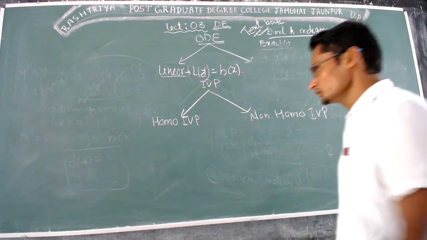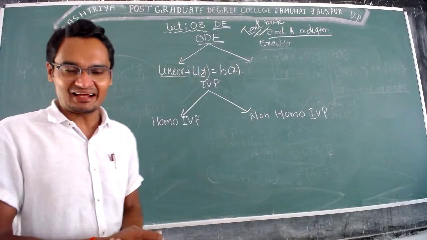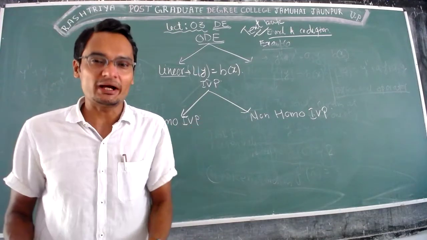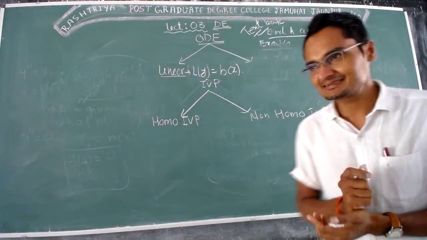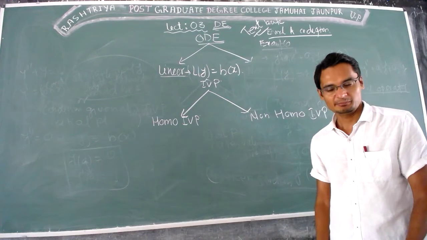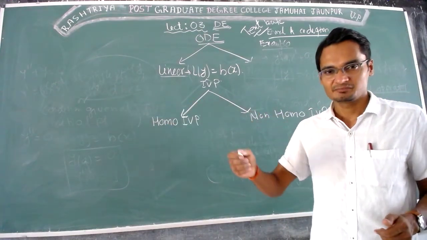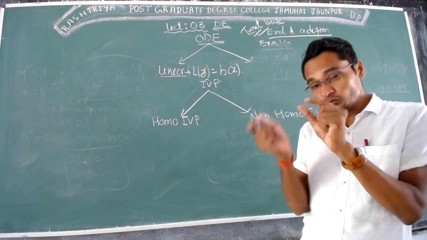Homogeneous means here, this is a differential equation in y, so it should be homogeneous in y. If you notice, all the concepts we are discussing are in y, because our differential equation is in y. So whenever I write something, understand that the terminology is used for y.